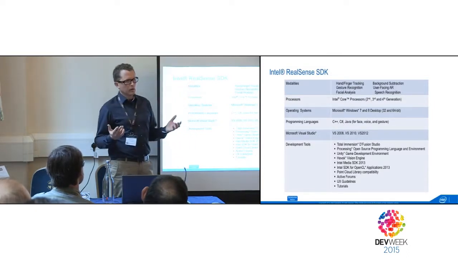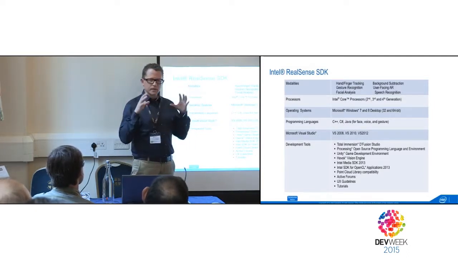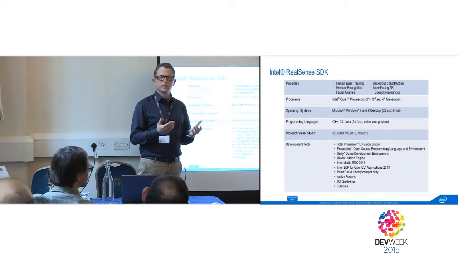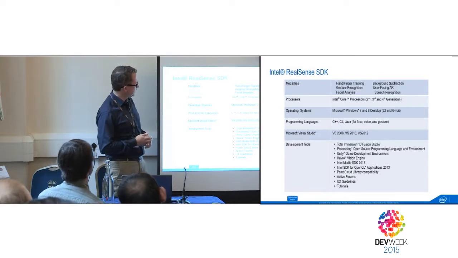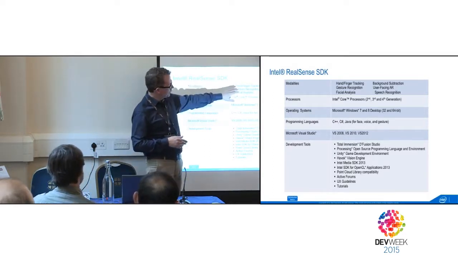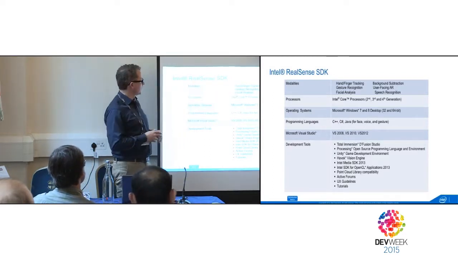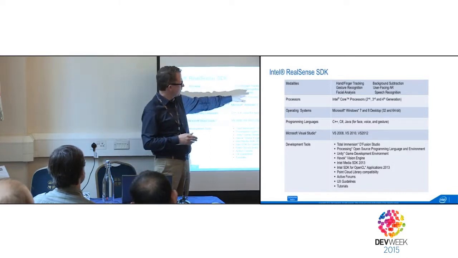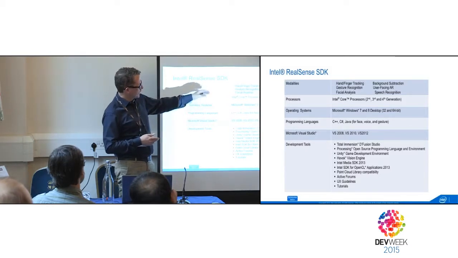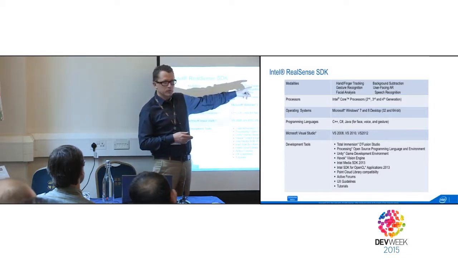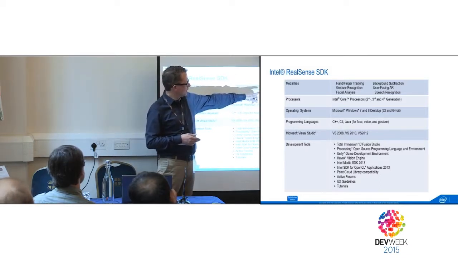Because you're not a consumer, so you want to use these cameras in C++. So we have developed a thing called the Intel RealSense SDK, which helps you to touch several modalities, like the ones I said in the beginning: hand-finger tracking, gesture recognition, facial analysis, background subtraction. I'm going to show you what that is.